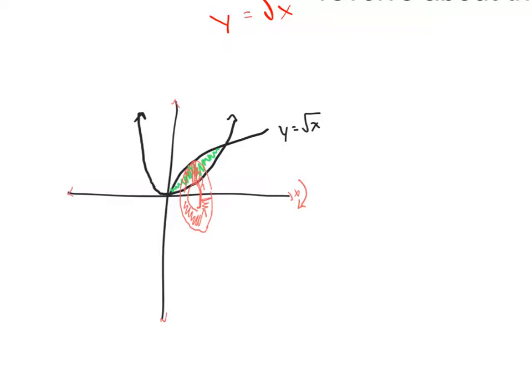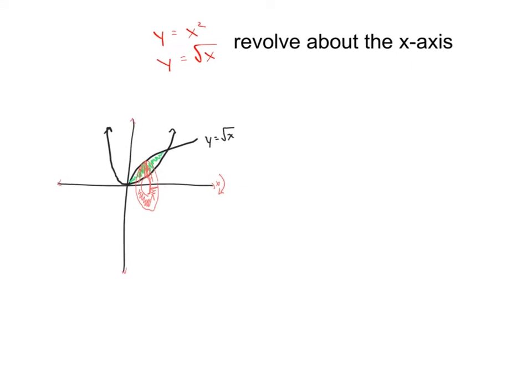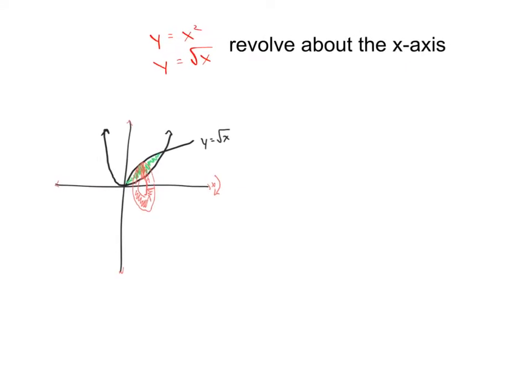Okay, the first thing that I want to focus on, before we talk about the changes with the washer, is what are the bounds of my region? As I add up those rectangular slices through the region, they end right at this x value right there. And how do I find that? Well, it's where the curves meet, where they intersect. When is x squared equal to the square root of x?